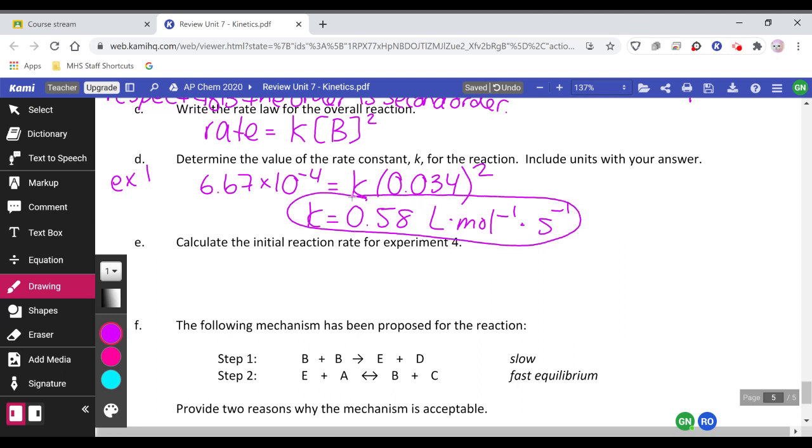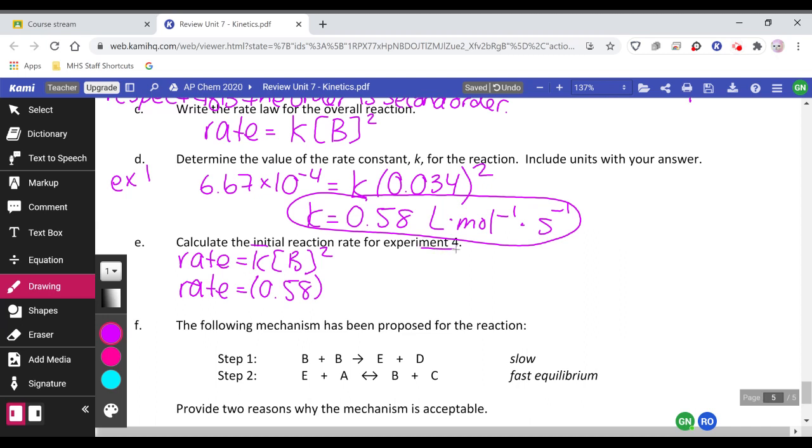That's my K. To calculate the initial rate of the reaction, again, we know our rate law is rate equals K times concentration of B squared. Okay, and so I have my rate, which is what we're solving for, equal to, I'm going to plug in my K here. And my initial value for B is 0. Oh, sorry, no, we're doing this for experiment 4.